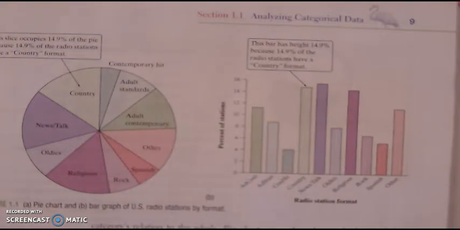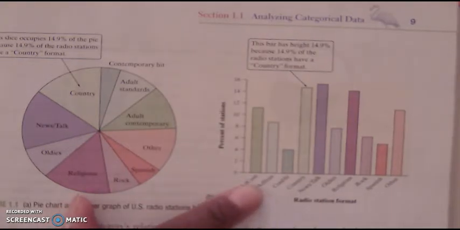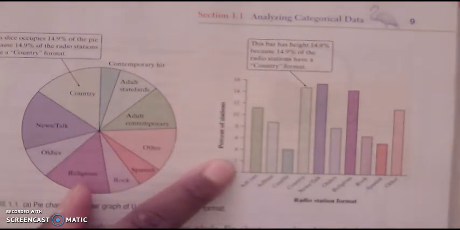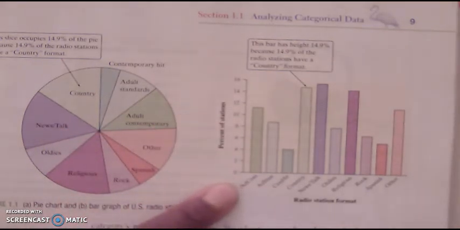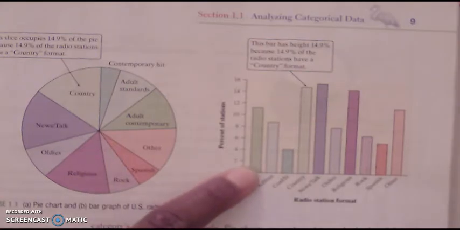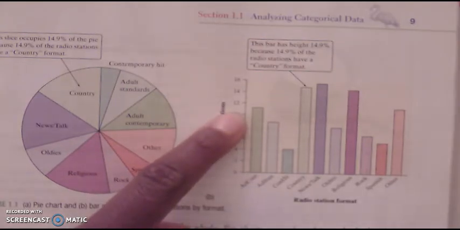So for example here, we also use percentages to label the y-axis, and then on the x-axis we name each of our categories. Notice that there's a gap between each bar. The gaps are of equal width, and then the bar rises to the percent that makes up each category.